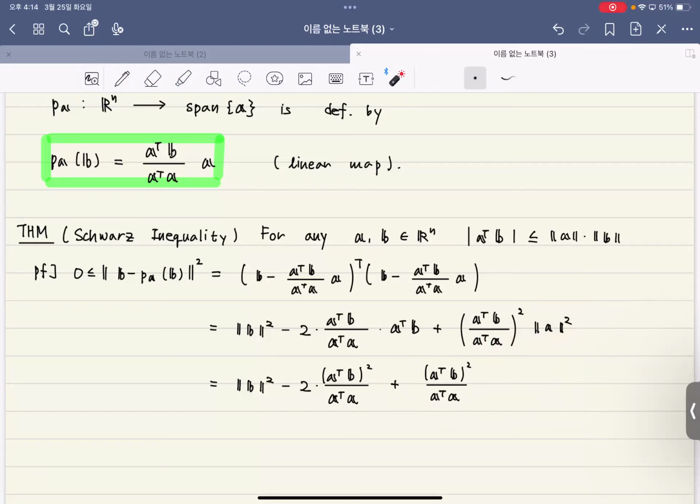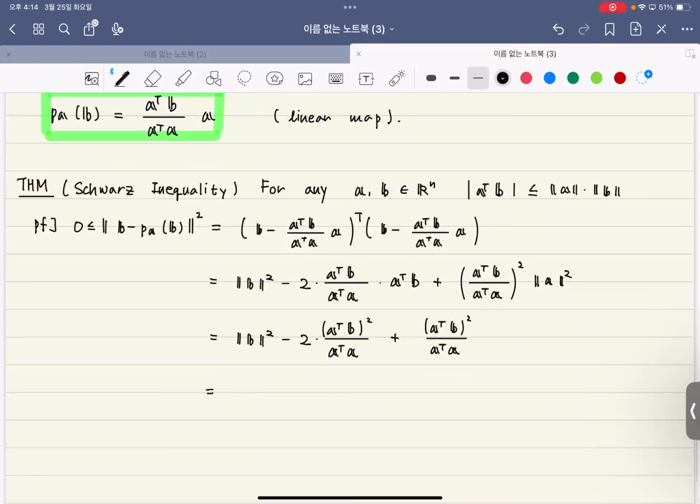So this is what I have: the norm of B squared minus (A transpose B) squared over the norm of A squared. I think I'm done, because this number is always greater than or equal to 0.